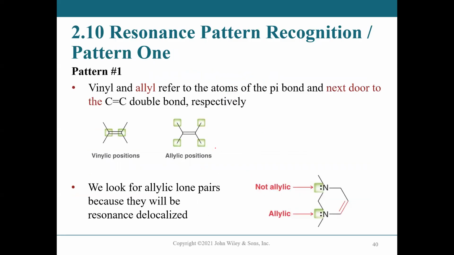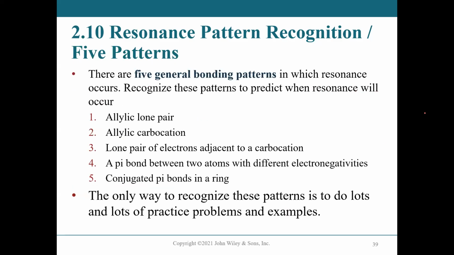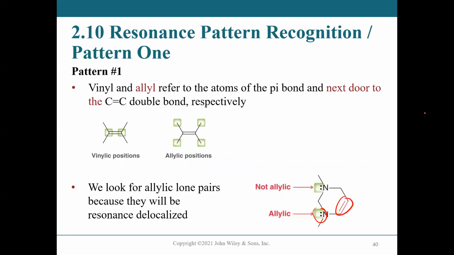So this is not allylic, and this one is because of its proximity to this pi bond right here. This is not going to contribute right here like this. But what you could do is put it here, and then this could come up here like that. So you can have resonance delocalization.